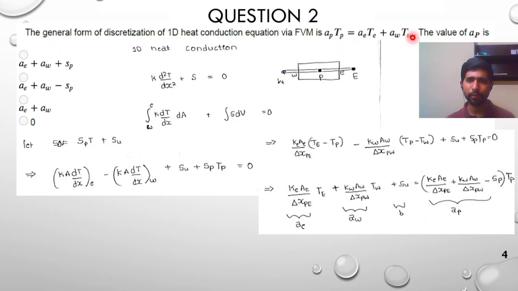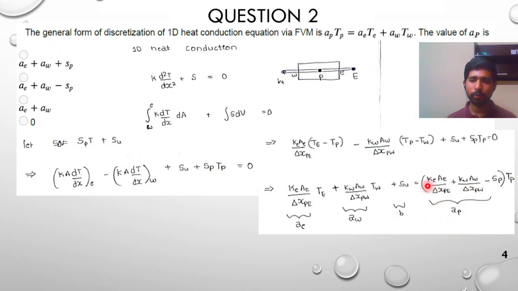It is fine if you are writing small or capital, but when we do terminology, we always say small letters are associated with faces and capital letters are associated with your centroid point. So it should ideally be the capital letter here.